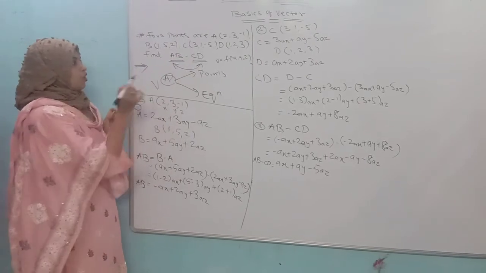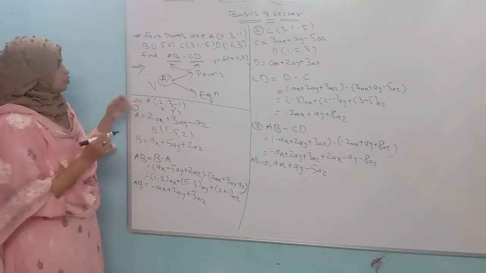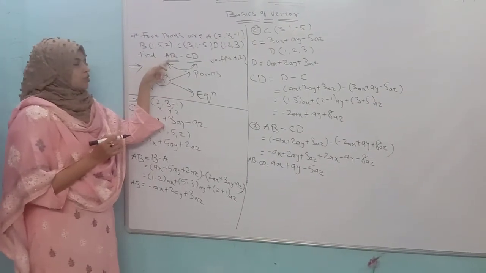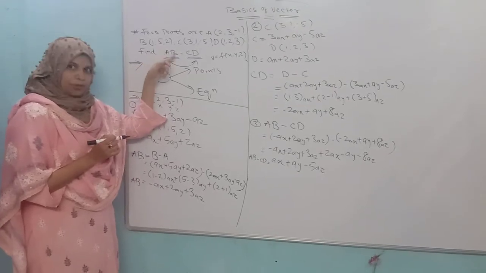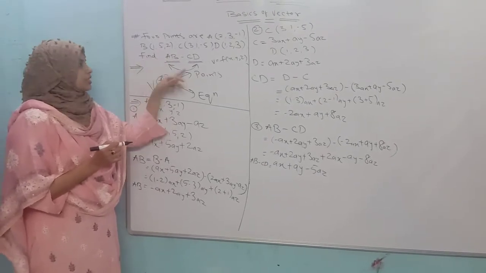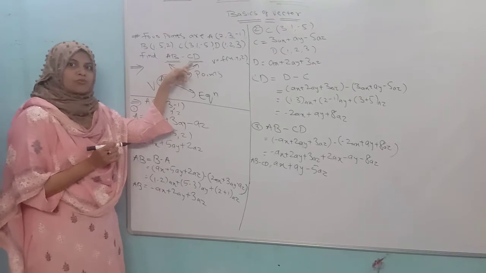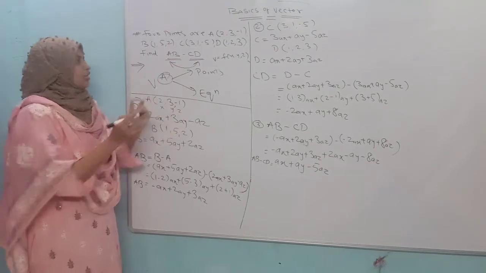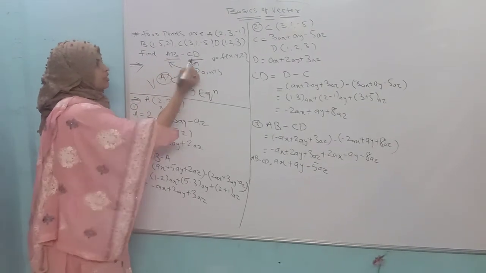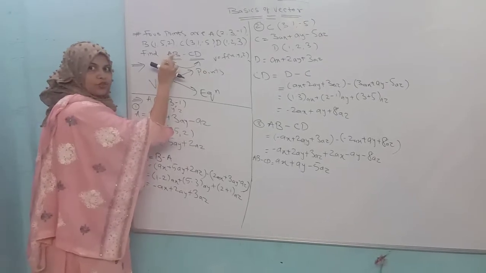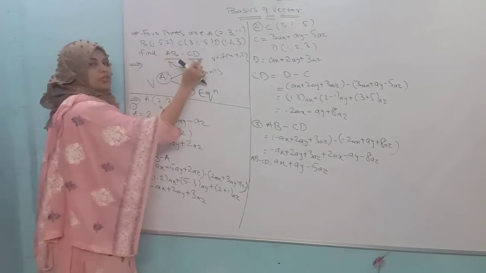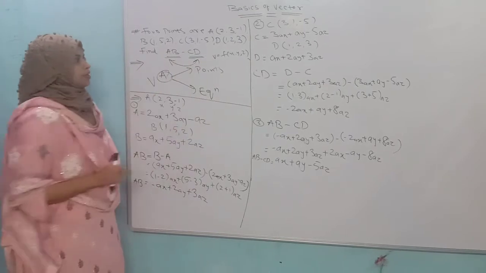So what is the first step? The first step should be, just find out the length between A and B, that is the first step. Second step, just find out the length or the distance between C and D. And finally, the subtraction between the final equation of this one and the final equation of this one, and subtract.